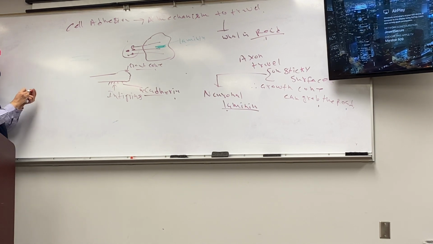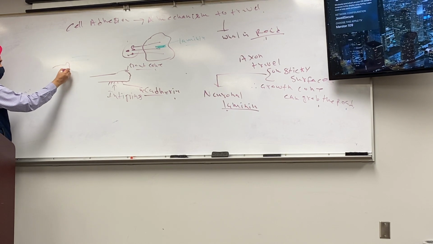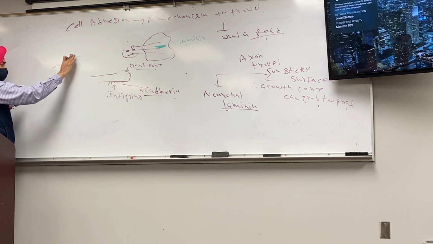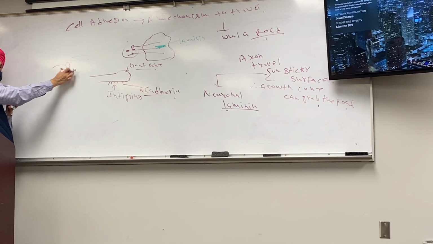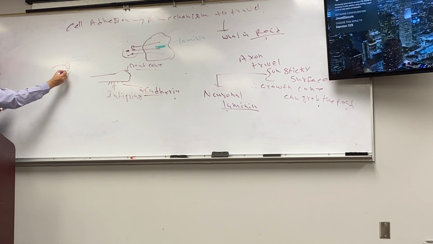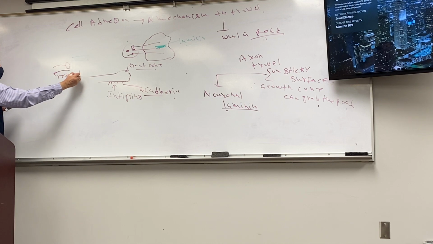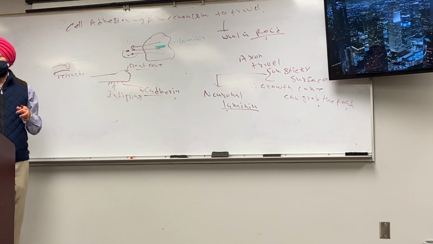So if this is a growth cone coming there, and it comes here, it says, okay, this area doesn't have any laminin. So it touched there, this area doesn't have any laminin. So what is going to happen? It is going to retract. That's what we are showing in the movie, they're forming, they retract, they're going further, right?